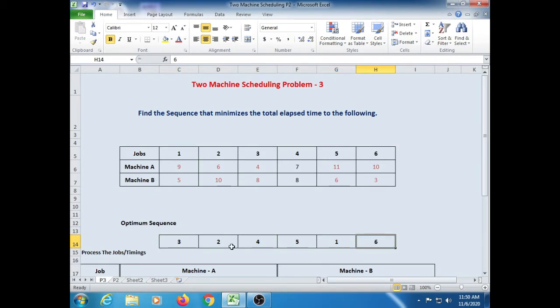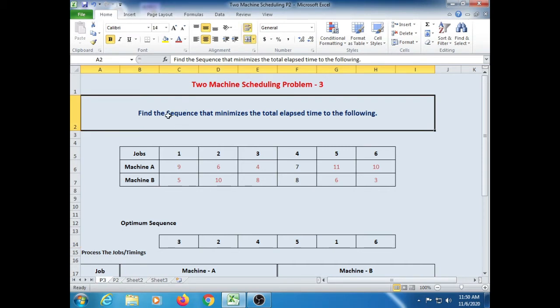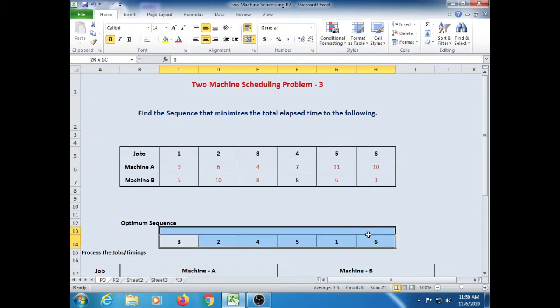Why did we find this optimum sequence? Because it minimizes the total elapsed time. With the help of this optimum sequence we can reduce the total elapsed time. That's why we find the optimum sequence.